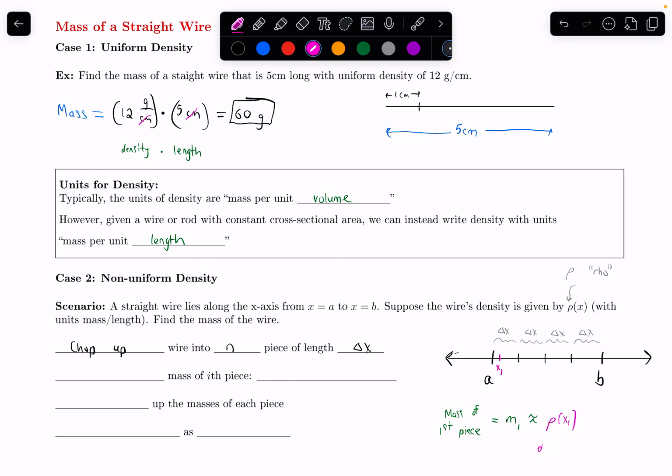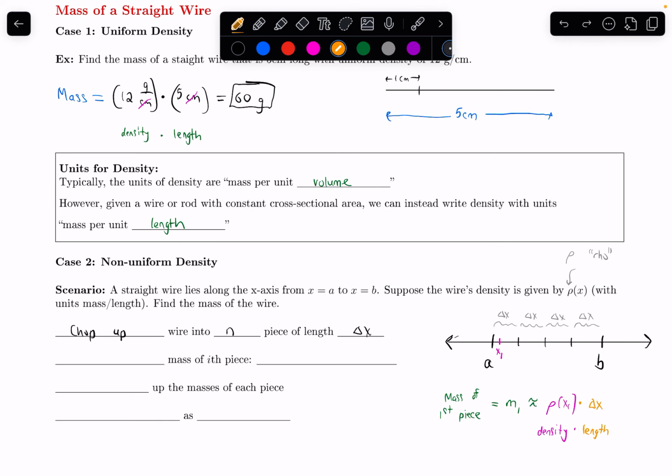That is my density, and it gets multiplied by the length of that piece, which is delta x. Multiplying the density by the length gives me the mass. It's just an approximation because the density changes throughout this interval. By taking a test point and plugging it in, I'm just getting an estimate for that density.